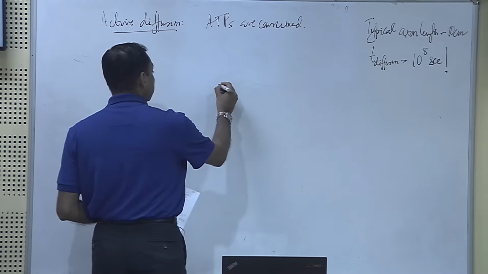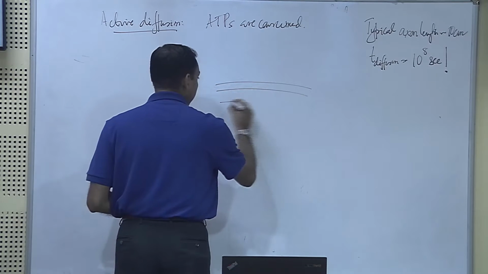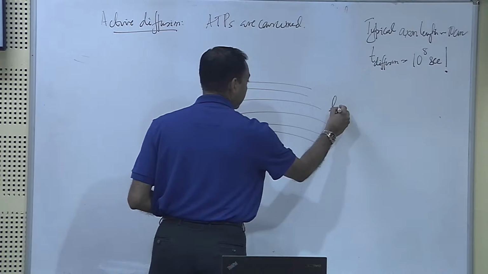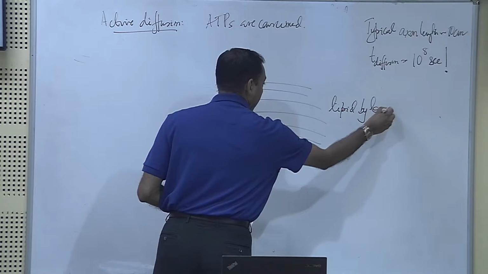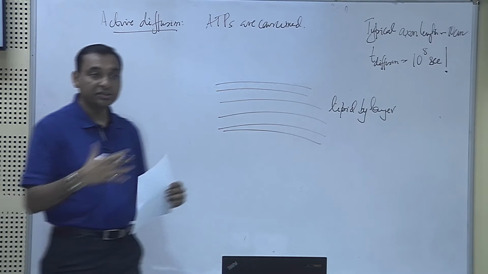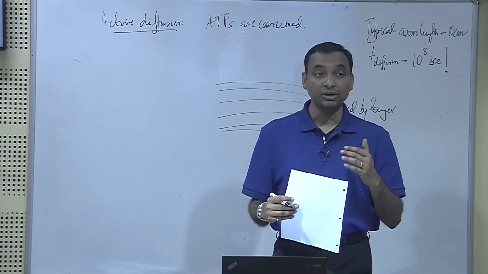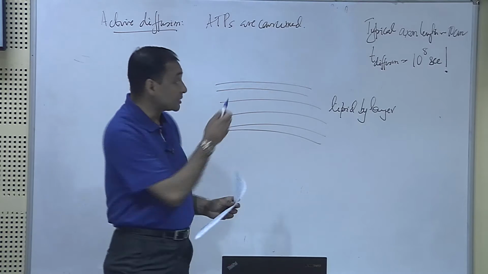So what happens is, if you look at the lipid bilayer, so if I consider this is the lipid bilayer, there is not enough opportunity for the molecules to transport or diffuse, because the time scales are large.